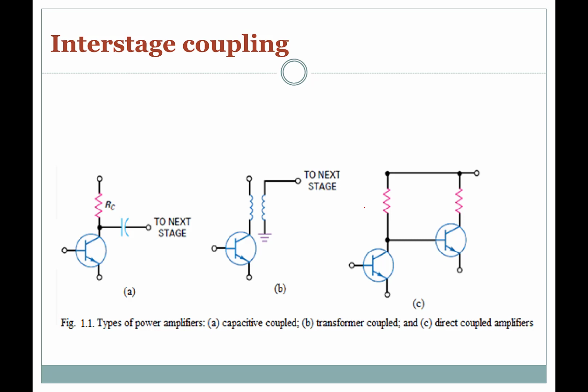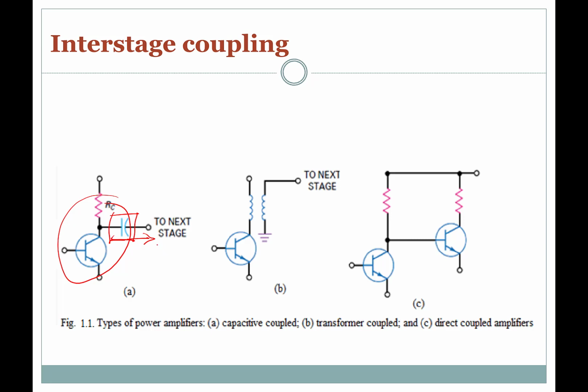For the capacitive coupled amplifier, after the first stage of amplification, moving to the next stage, you have a capacitor which sits in between the first stage and the next stage of amplification.